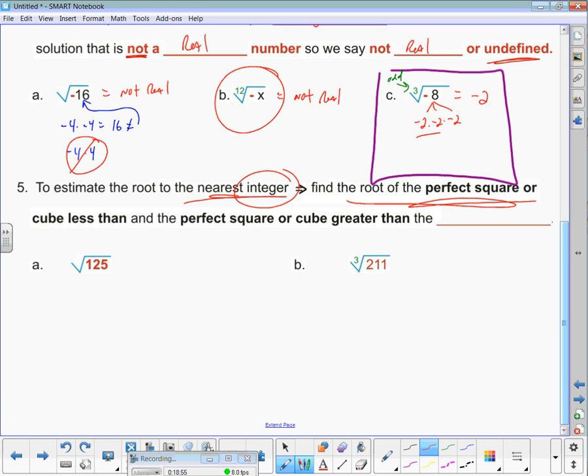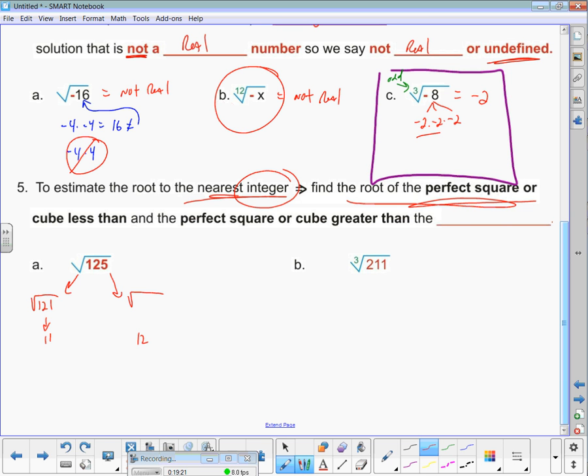All right, so let's take square root of 125. So I'm trying to think of what perfect square is just lower than 125, and it's the square root of 121, because the square root of 121 is 11. So therefore, the bigger one has to be what gives me a square root of 12, right?